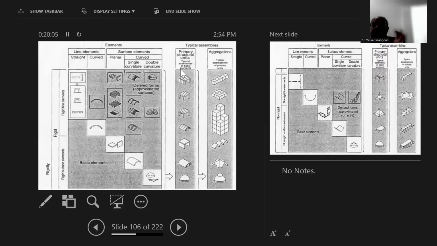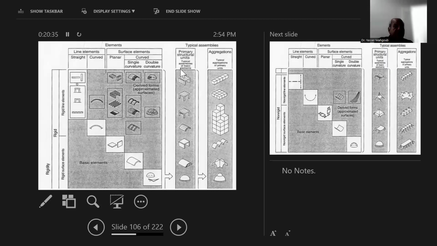In summary, we have different systems that can be used individually, and they can be used in combination with other systems depending on the building type or element. You can have two floors with one system, and then the third floor another system. You can have one half of the building with a system and the other half with another system.